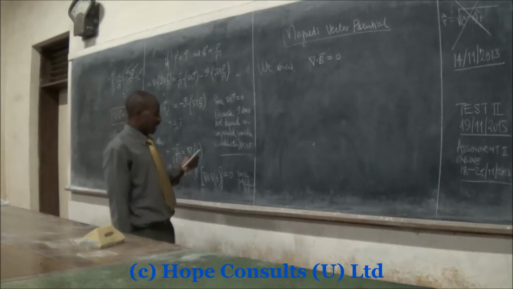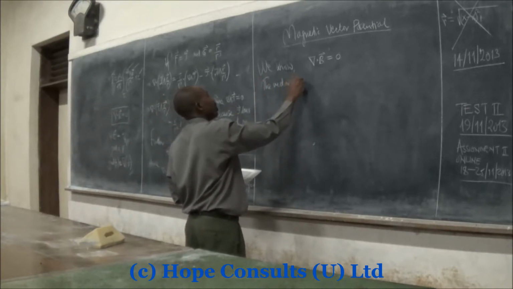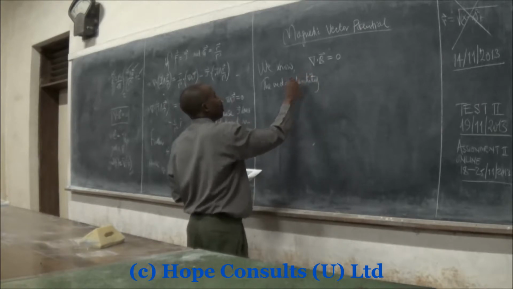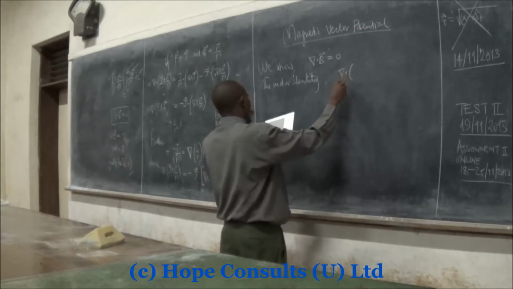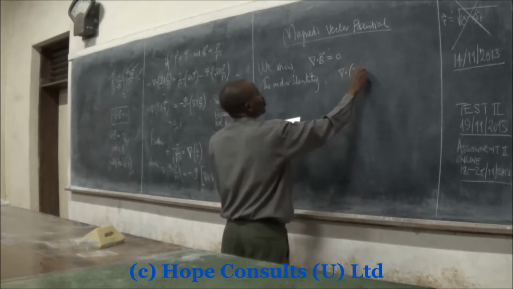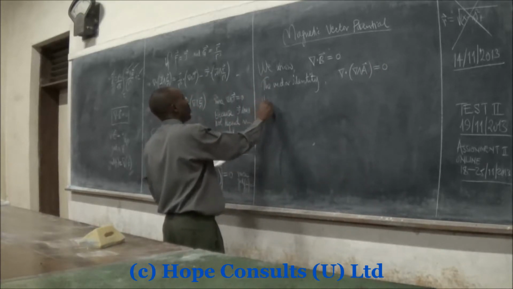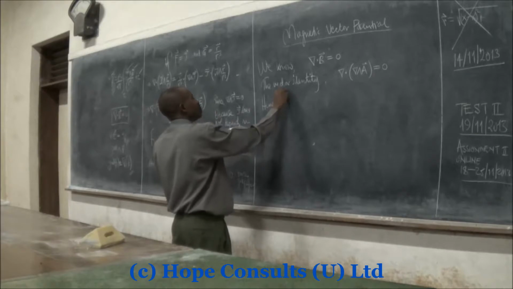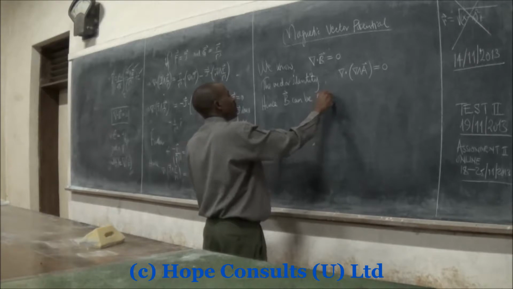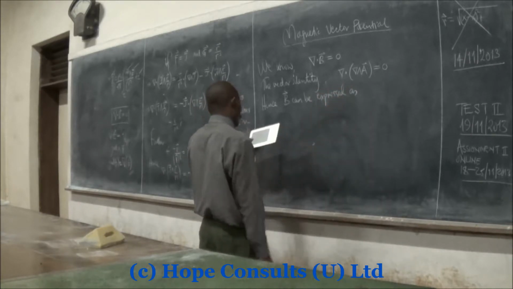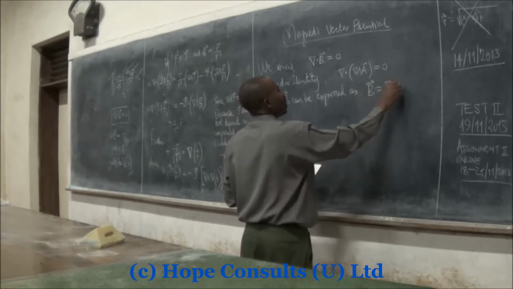So the vector identity: the divergence of the curl of A is equal to 0. Hence, B can be expressed as B equals the curl of A.